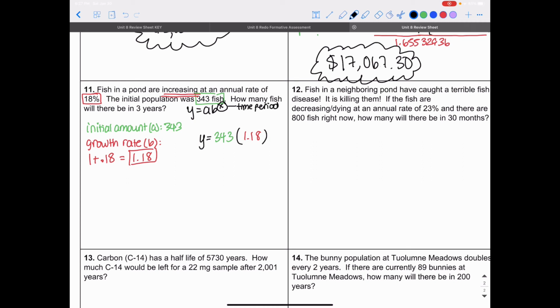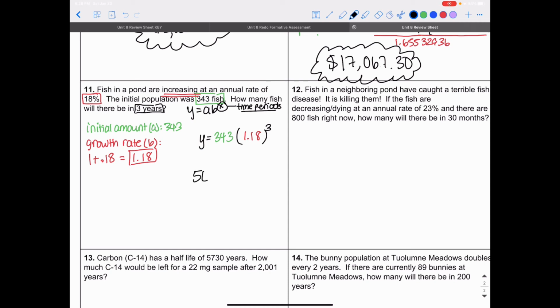It said annual rate, so that's every year. Since it's every 1 year, 3 years is 3 time periods, so I put 3 as the exponent. I have 1.18 to the third power times 343, which gives me 563 fish and change.